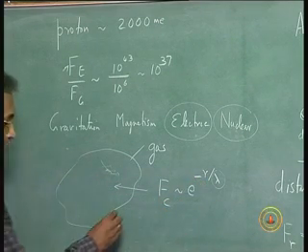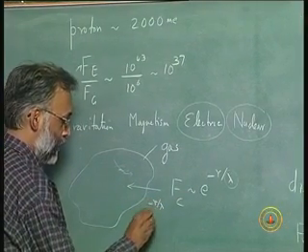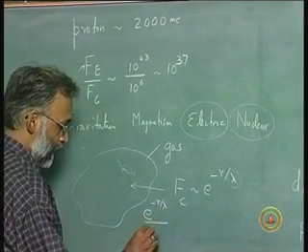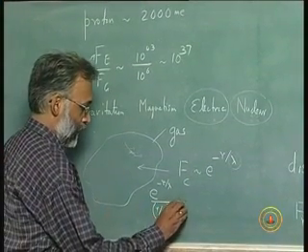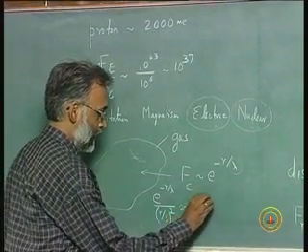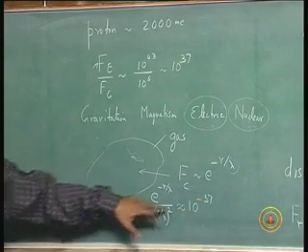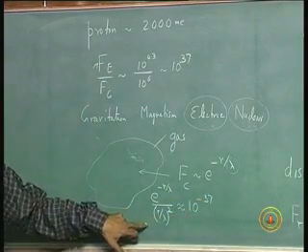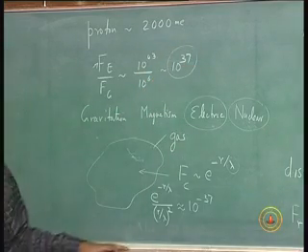When you do that, you can ask, when does e to the minus r over lambda divided by (r over lambda) squared become approximately 10 to the minus 37. If that happens, then the 10 to the 37 extra number will cancel out.